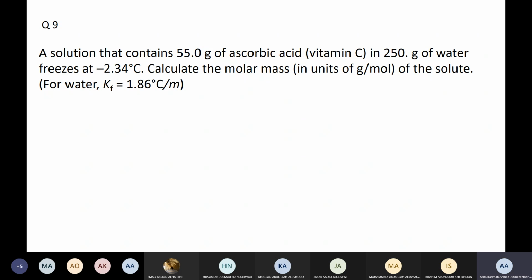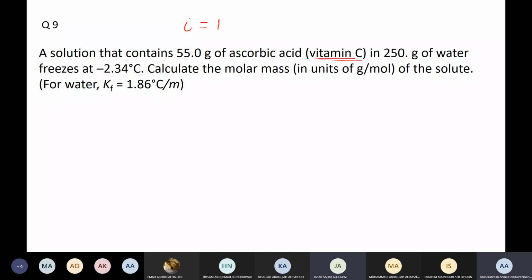What's the equation? First, ascorbic acid, vitamin C, is an organic compound, and for an organic compound, what's i? 1. Why? It does not dissociate. Clear?